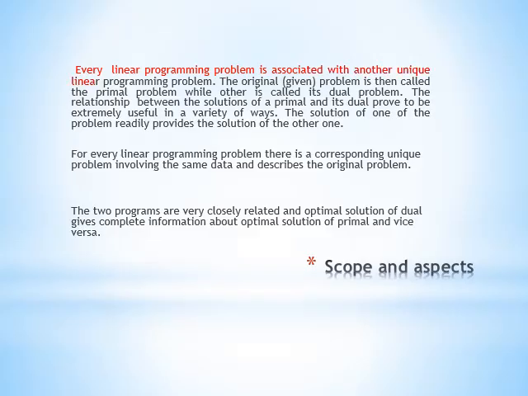So a linear programming problem is associated with two unique models. On one hand, the given one, which is known as the primal problem.